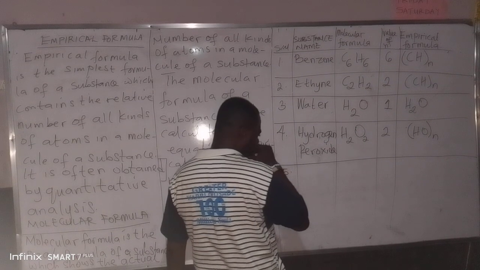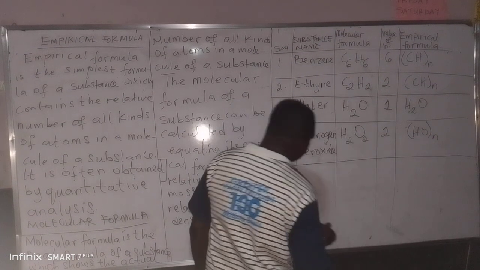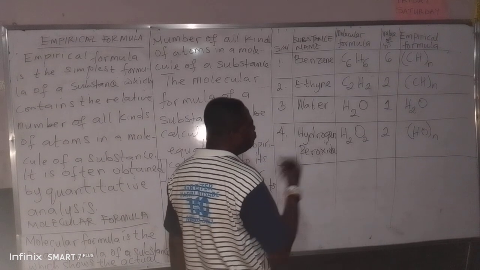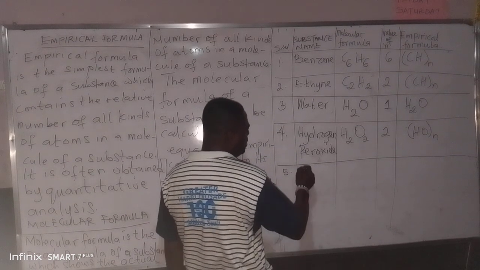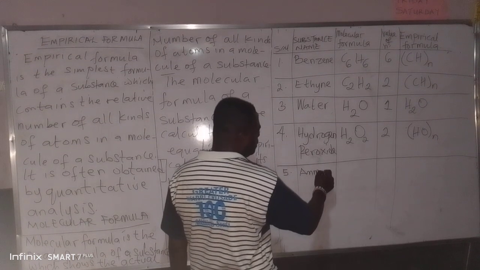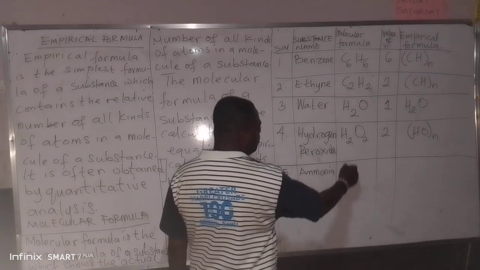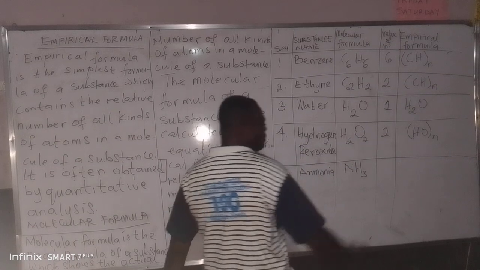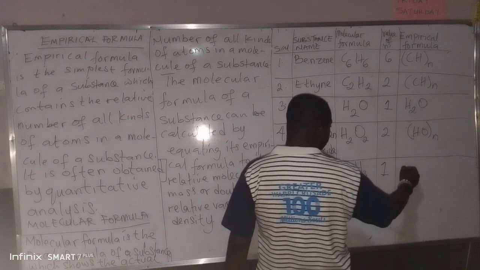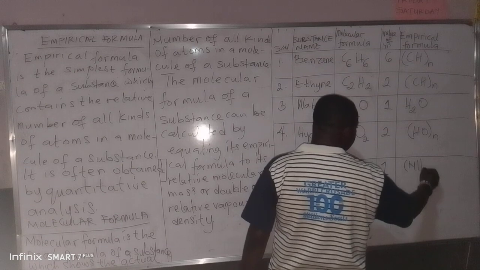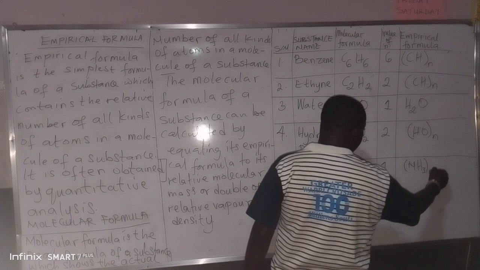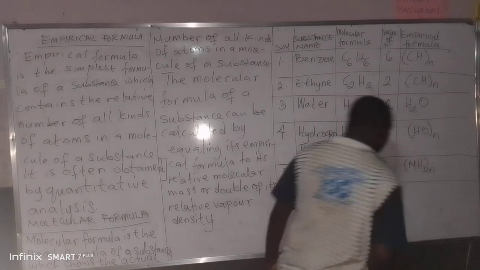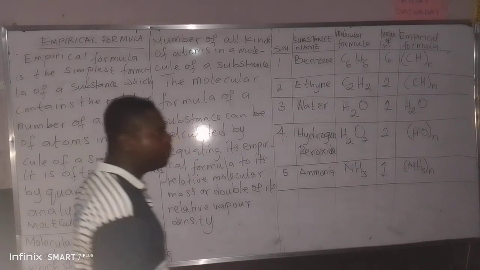Now we can have some more other ones like ammonia. Ammonia is NH3. What's common? 1. So we have (NH3)n as the empirical formula. We can go on and on.